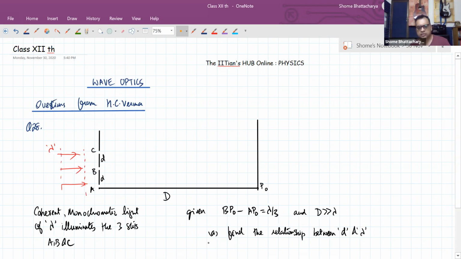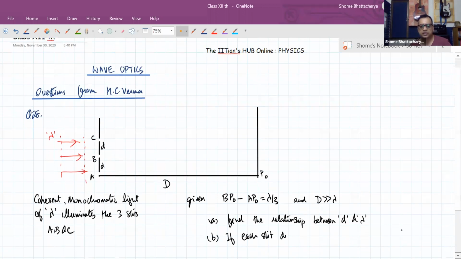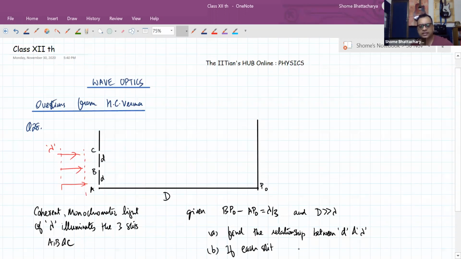Okay, and the other thing is that if each slit produces an equal intensity I on the screen, then what is the net intensity?